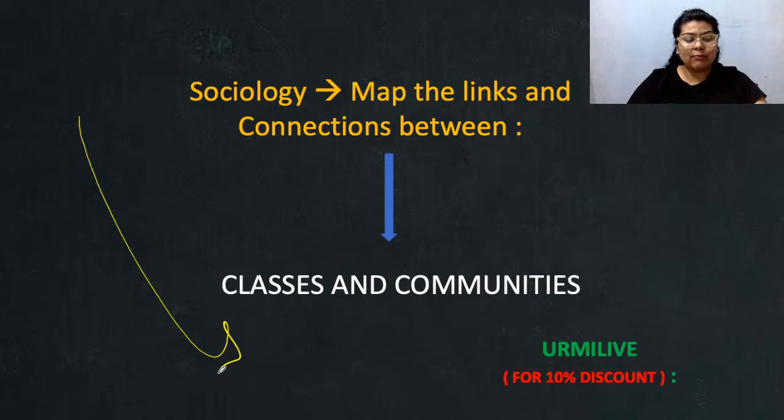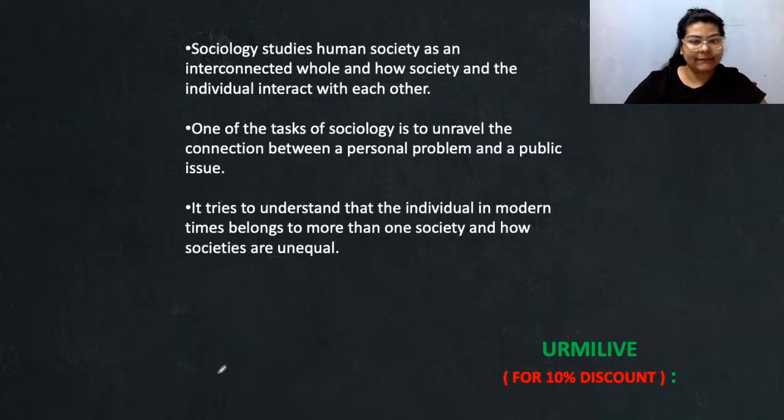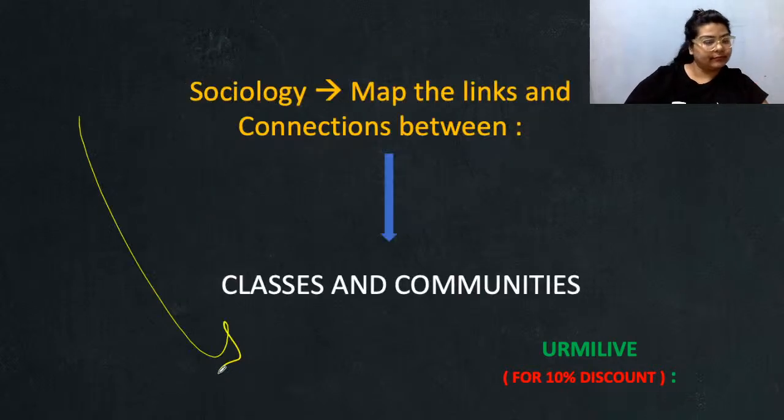It is very important for you to know what a class is, what a community is, and why it is important. All these things are very important, and I'm sure you are understanding it. Is it clear till here? Can you give me a yes or no? Can I get a yes or no, everybody? Is it clear, beta?